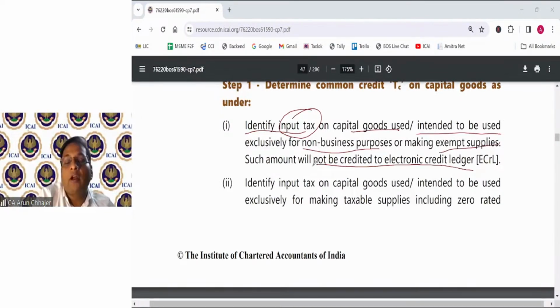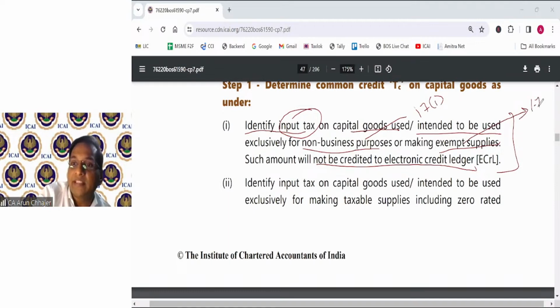Because such amount will not be credited, I need to reverse that credit. We have discussed this part only now. If I am using for non-business purpose, 17 subsection 1, and if I'm using for exempt supply, 17 subsection 2, then I am not allowed to take the ITC to that extent.